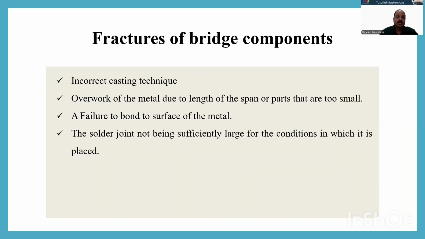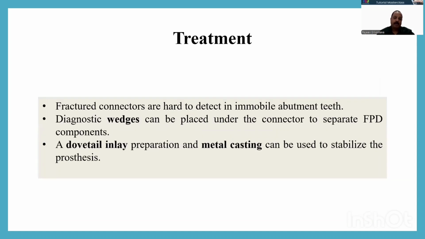So these again are the reasons: incorrect casting techniques, overwork of the metal due to the length of the span or parts that are too small, a failure to bond to the surface of the metal, and the solder joint not sufficiently large for the condition in which it is placed. Treatment, again, if you remove all the factors which I have told, the causes, it will prevent your dislodgements.